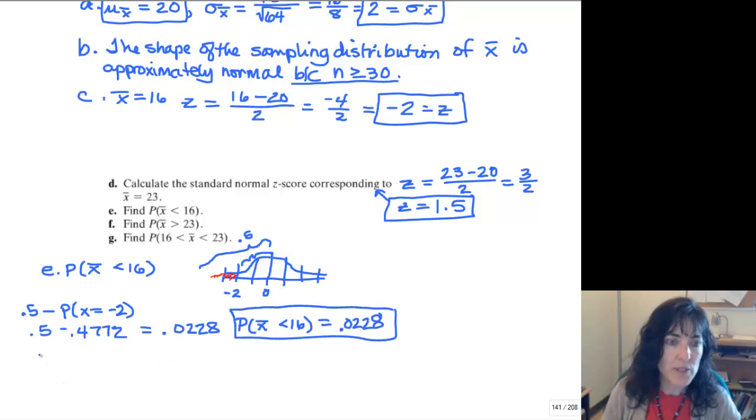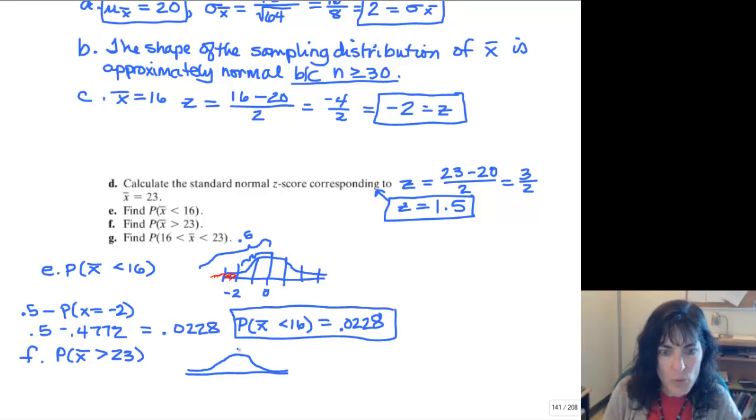Okay, so let's take a look at F. Find the probability that x bar is greater than 23. X bar is greater than 23. And remember, if we make a little quick diagram, 1, 2, 3.